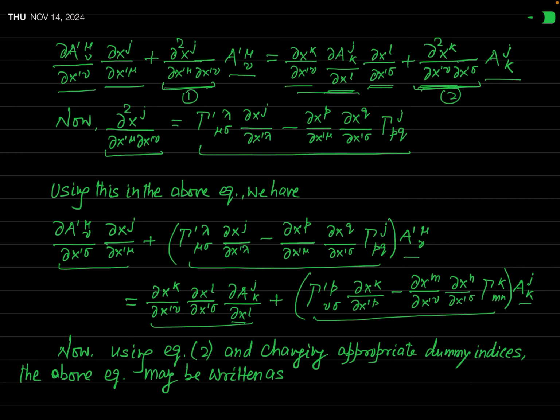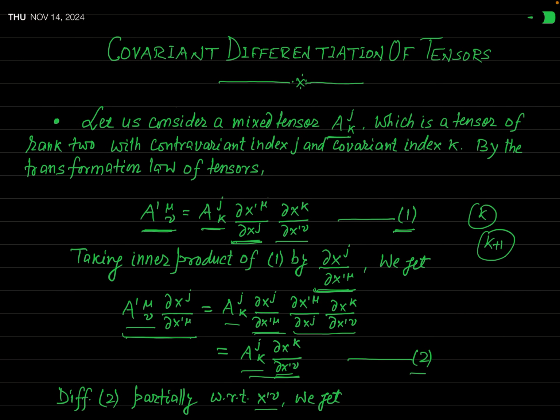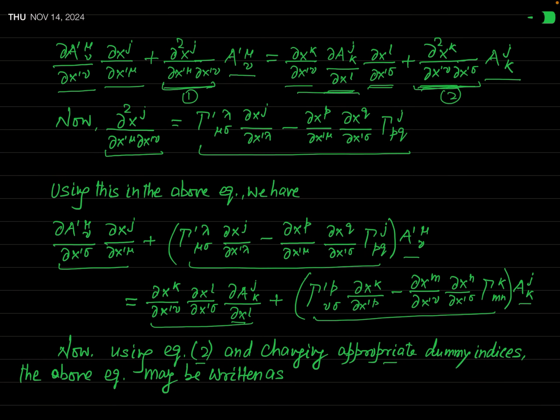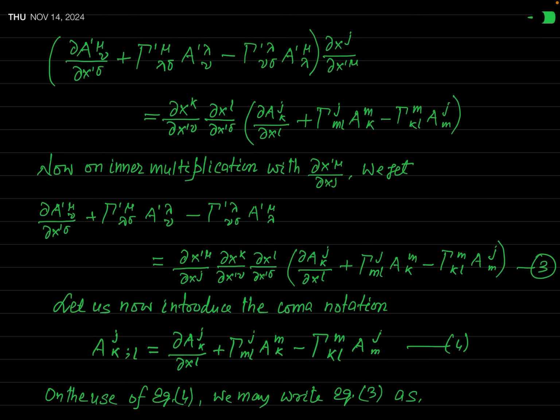Now in this equation we will use equation number 2, and we will also make an appropriate change of the dummy indices. When you use equation 2 and change the dummy indices, this result may be written like this.